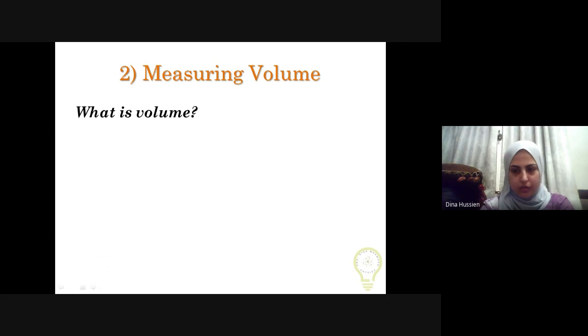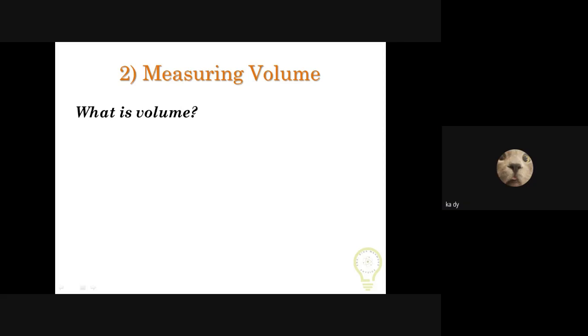In the chat box, no one knows what is volume? Okay, so volume is... I can't type in the chat box for some reason. I think it's lagging, but I was gonna type something.